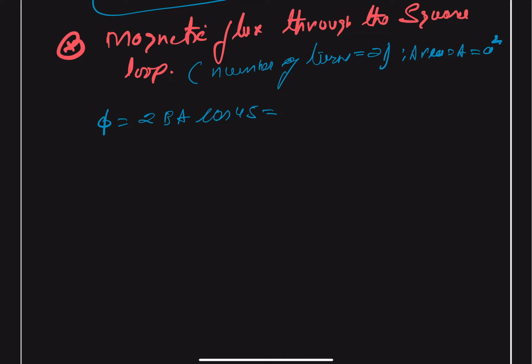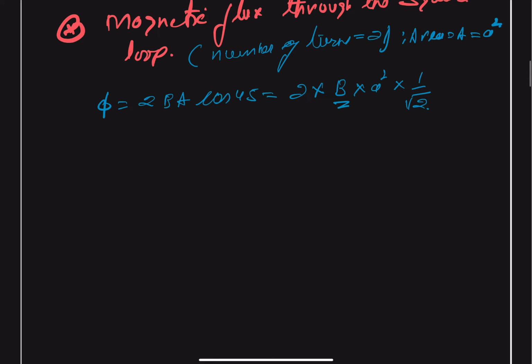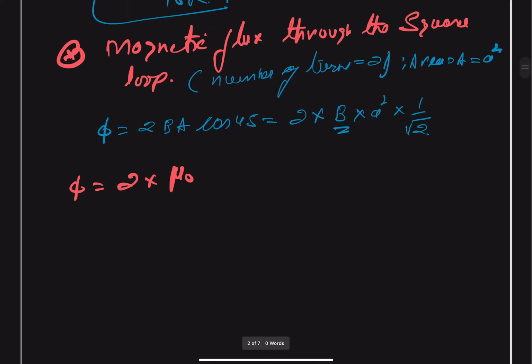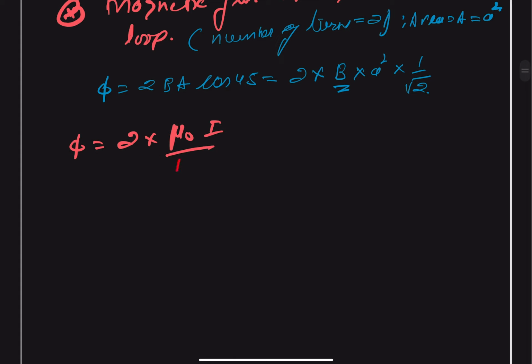So it is 2 times B times area A square, times 1 upon square root of 2, that is cos of 45. We substitute the value of the magnetic field also, so the flux is equal to 2 times mu naught I upon 16 r, times A square, times square root of 2.